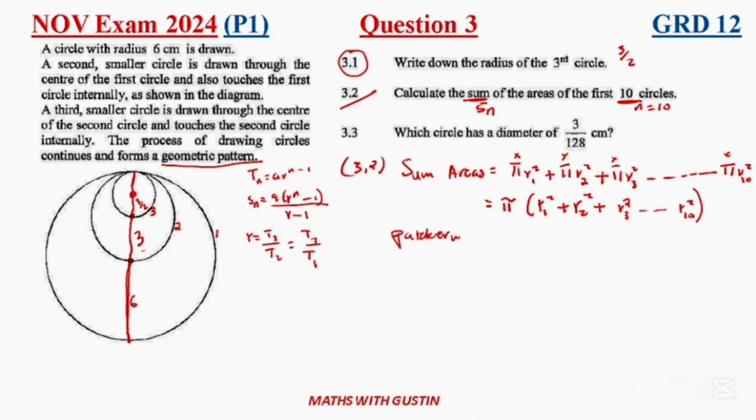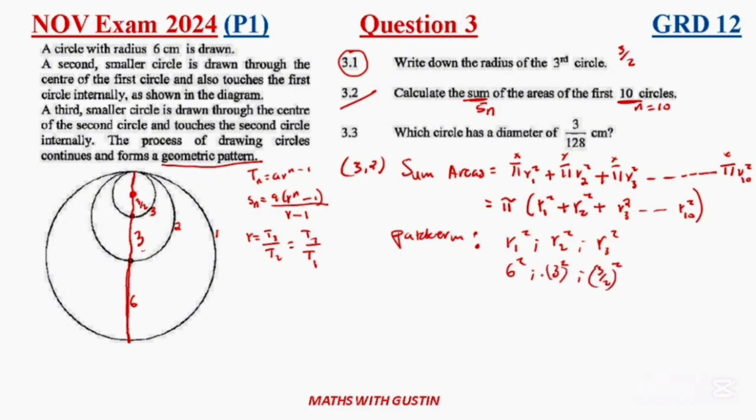Okay, now we're focusing on the type of pattern because we have taken out pi. The pattern that is formed here is r1 squared, r2 squared, r3 squared. Okay, so now let's substitute r1. The first radius is what? It is 6 squared. Then the second radius is 3 squared. Then the third radius is 3 over 2, all squared.